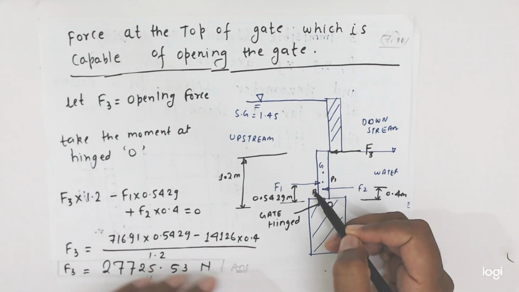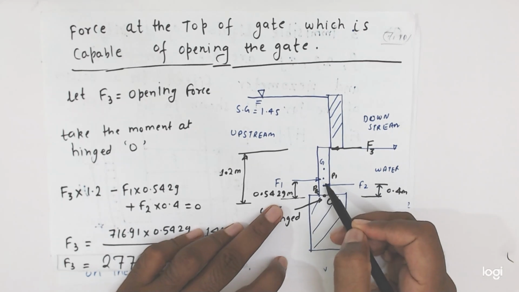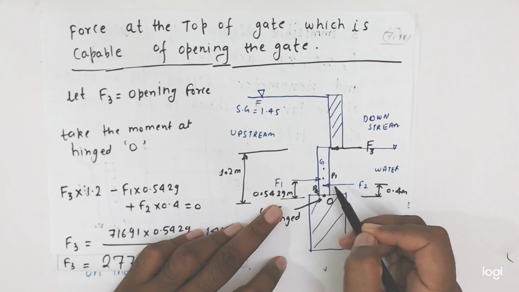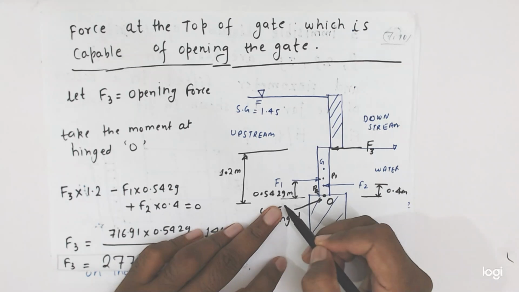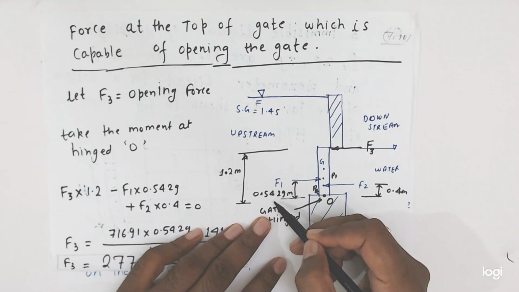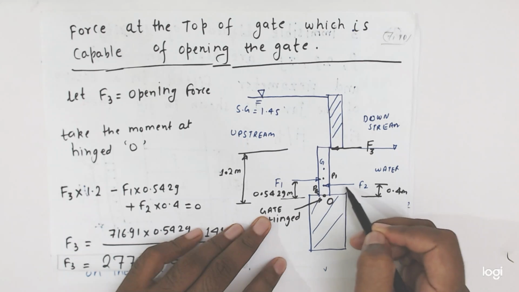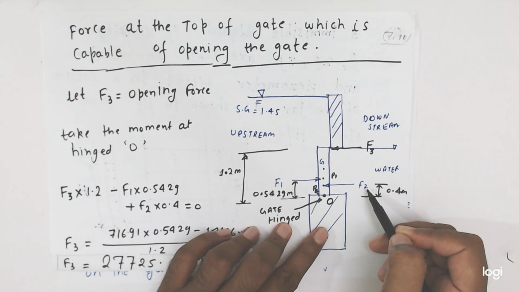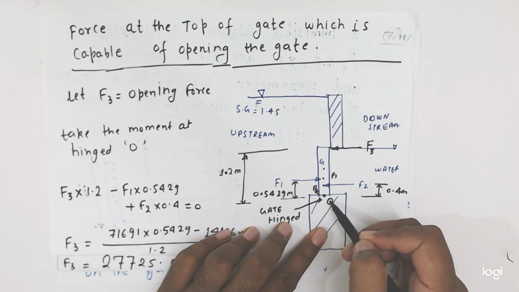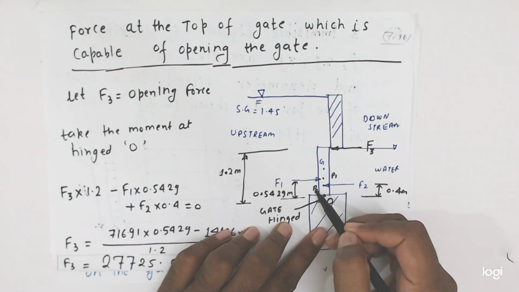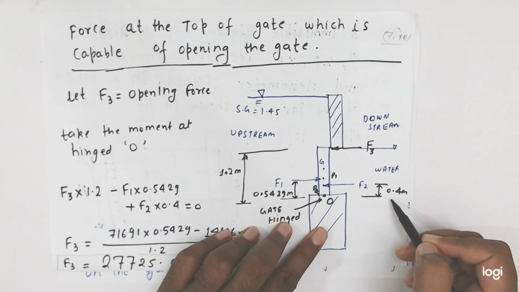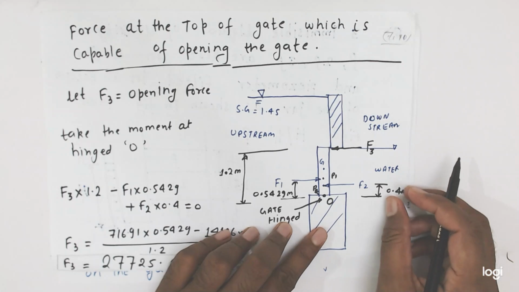This side working, friends, this is the F1 force which is working at the point P1. So OP1 distance we know is 0.5429 meter, and F2 force is working in the downstream side, working at a distance OP2, and its distance is equal to 0.4 meter.